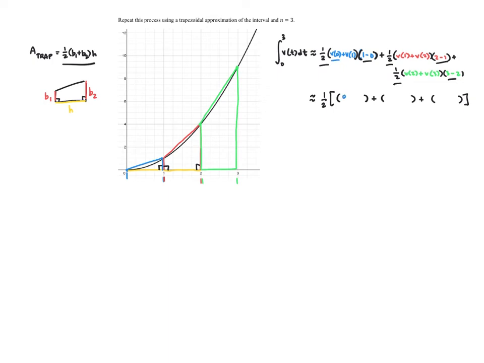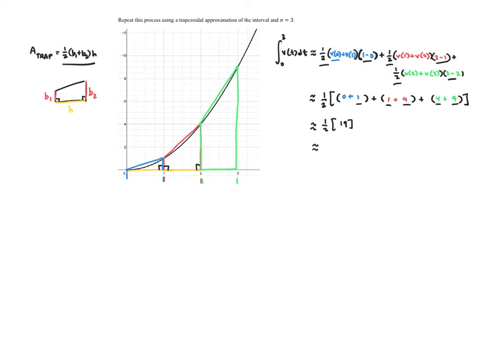Okay, v of 0 is 0. V of 1 is 1. V of 1 is 1. V of 2 is 4. V of 2 is 4. V of 3 is 9. And then I calculate. So that would be 1/2 of 1 plus 1 is 2, 4 plus 4 is 8, that's 10, plus 9 is 19.